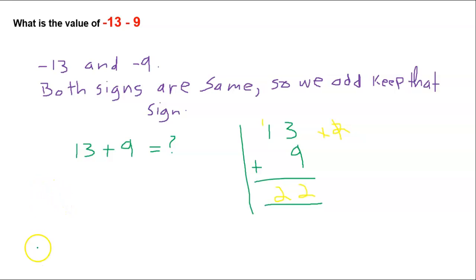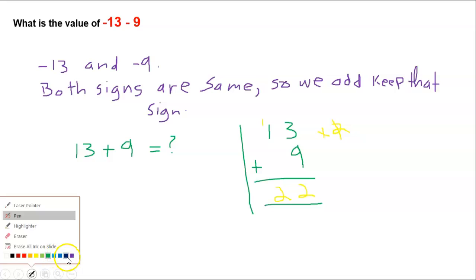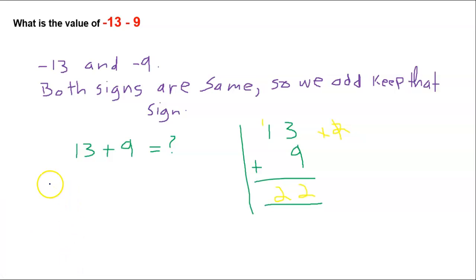Therefore, 13 plus 9 equals 22, which is our answer.